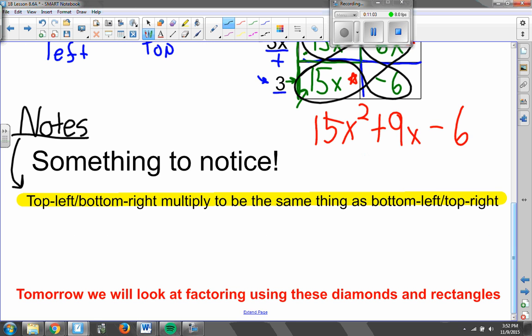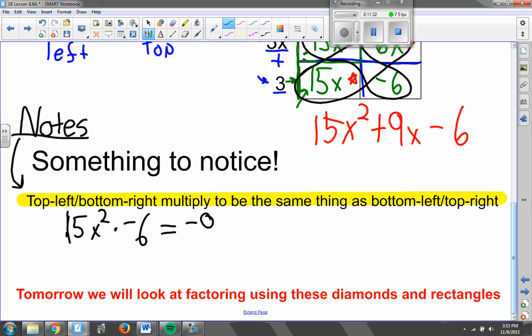I have negative 15x squared times by, I have positive 15x squared times by a negative 6. That is equal to, well, negative 6 times 15, I know is 90, and x squared will just stay there.